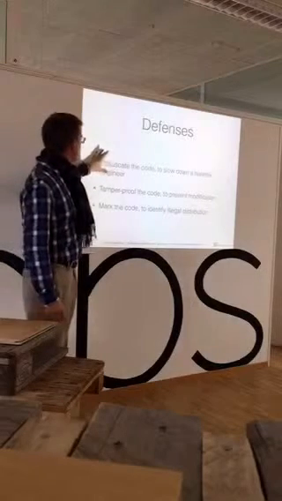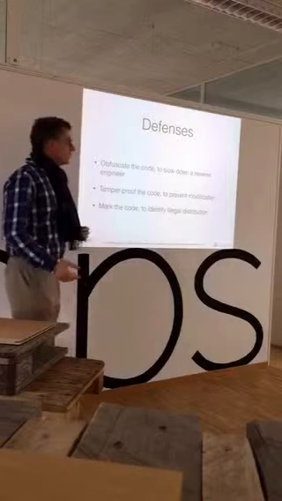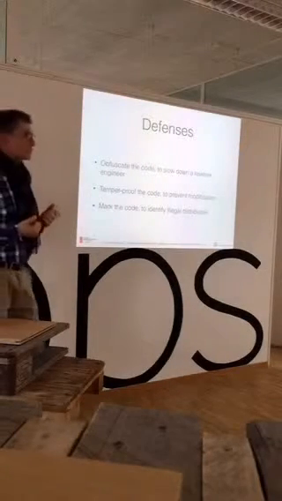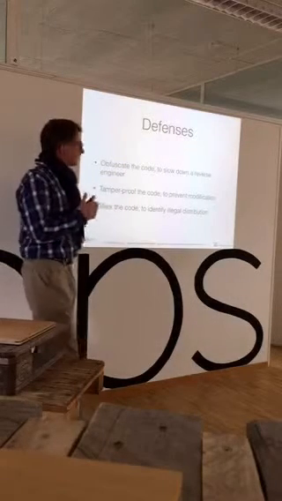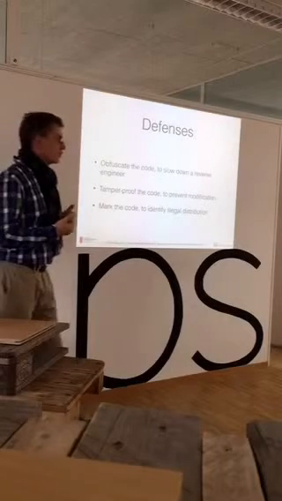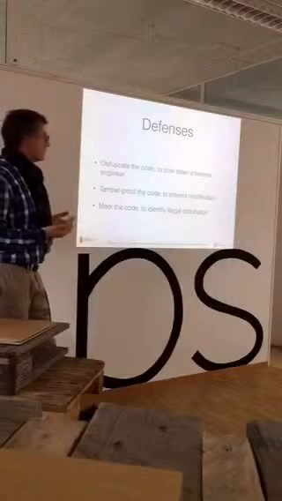So, defenses, analysis, we talk a lot about obfuscation. Obfuscation is transforming code in order to slow down a reverse engineer. Today, no obfuscation method is 100% bulletproof. What you can do with obfuscation is buy time from a reverse engineer.